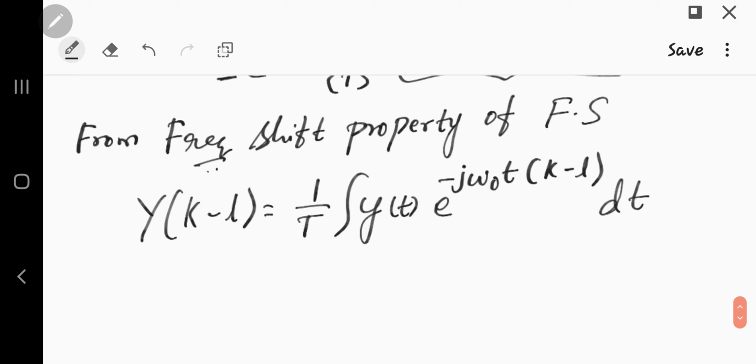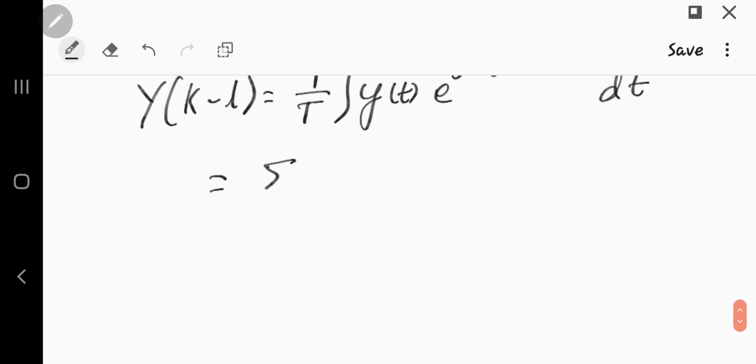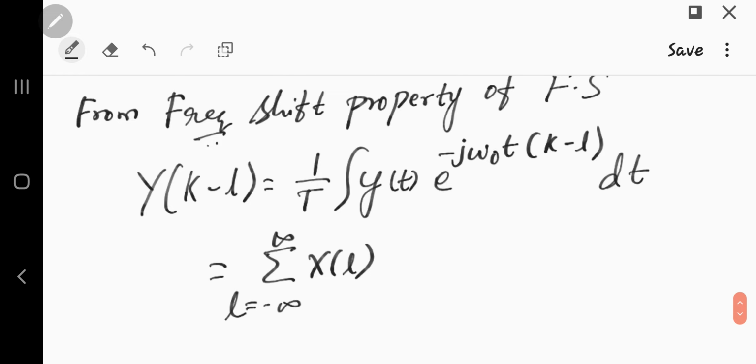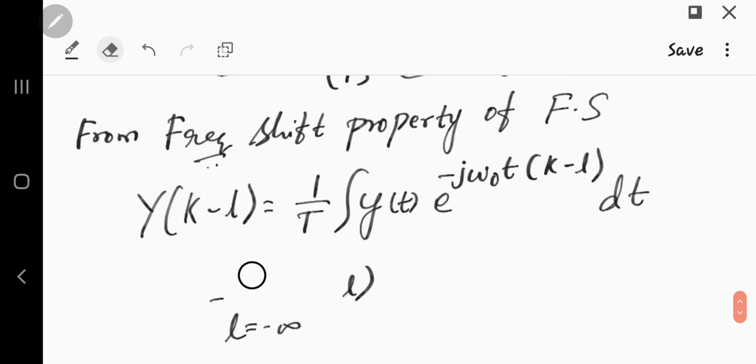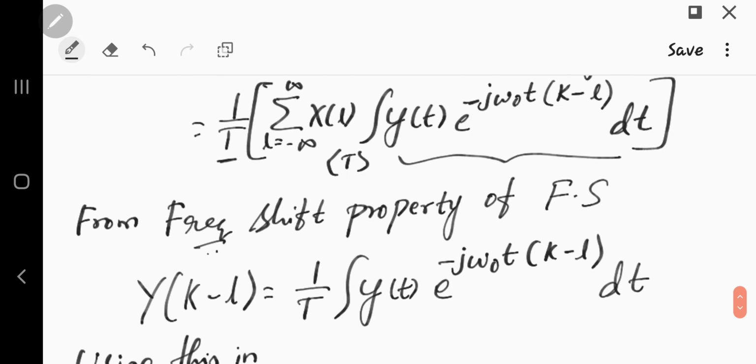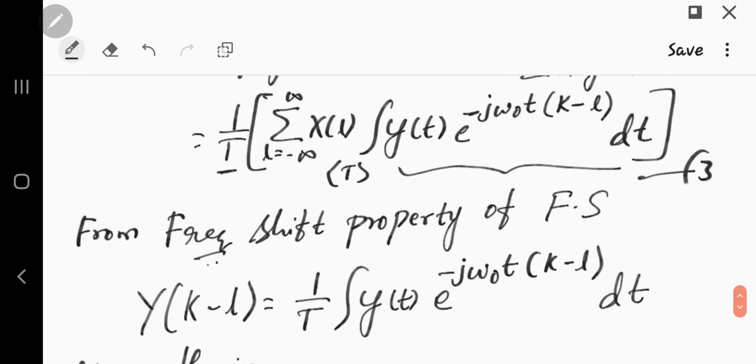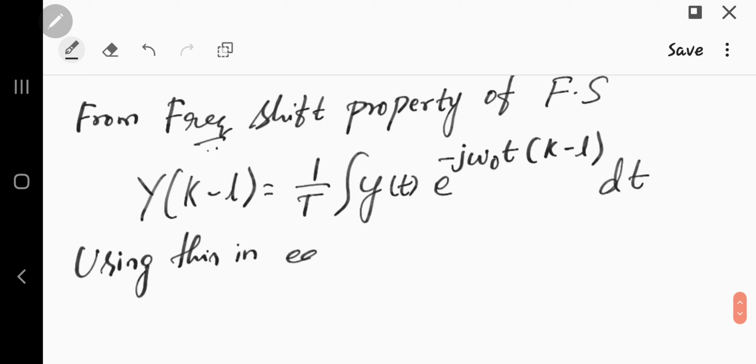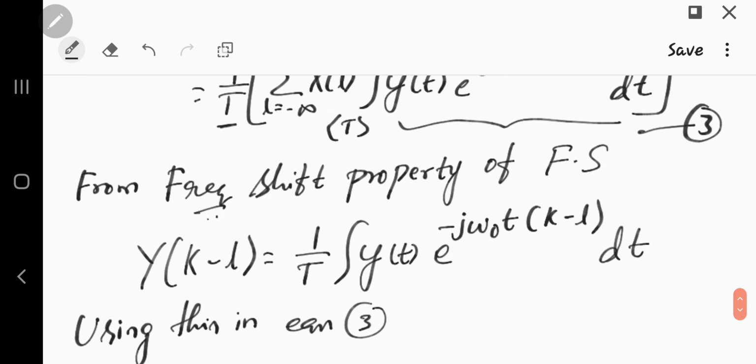Which leaves us summation L equals minus infinity to plus infinity x of L, y of k minus L. Let me give a name here, equation 3.